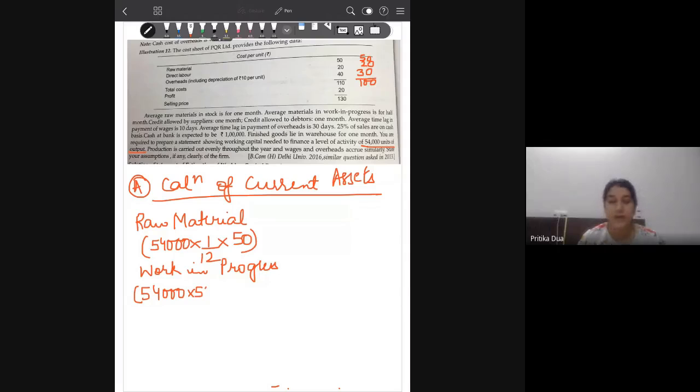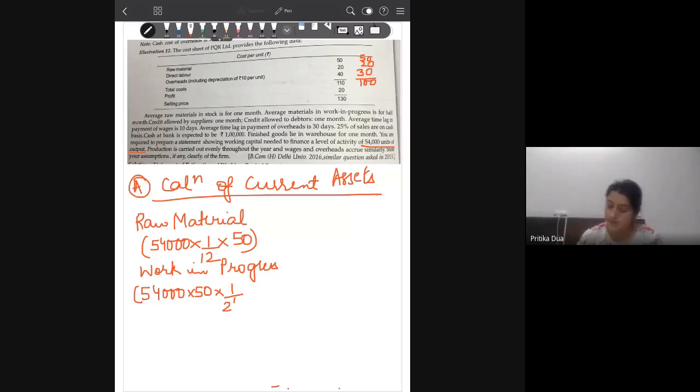So I take the number of units as 54,000, raw material cost per unit as 50, and the time period for which raw materials remain in work in progress is half a month. So now I take this to be 1 by 24. For half month I double the denominator.